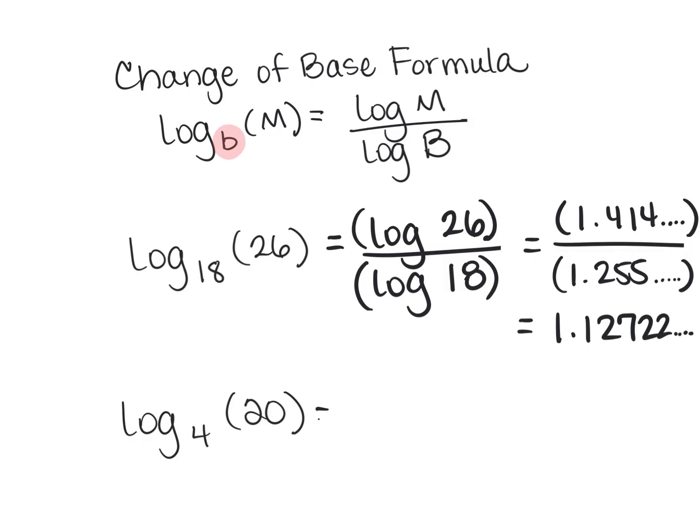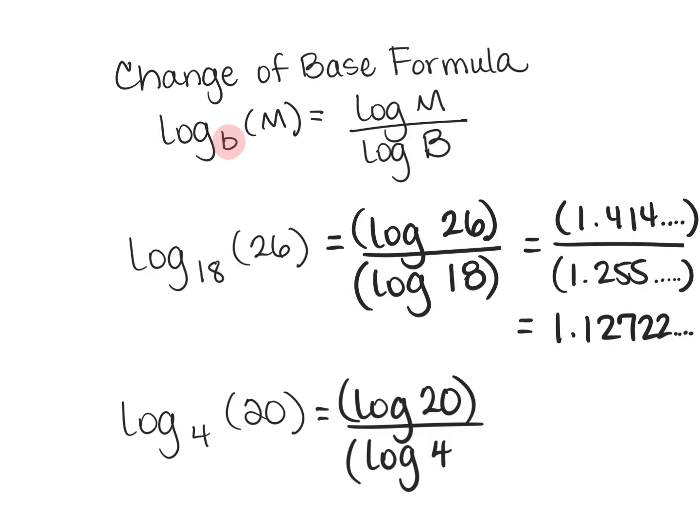Just to practice again, we have log base 4 of 20. Well, there's not an exponent that I can raise 4 to that I know of right off the top of my head that will result in a 20. So we use the change of base formula. We have log of 20, and I'm going to divide that by the log of 4.